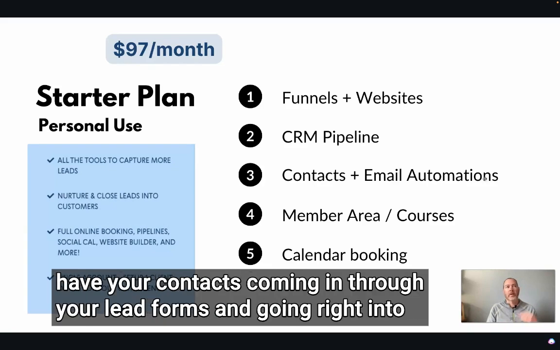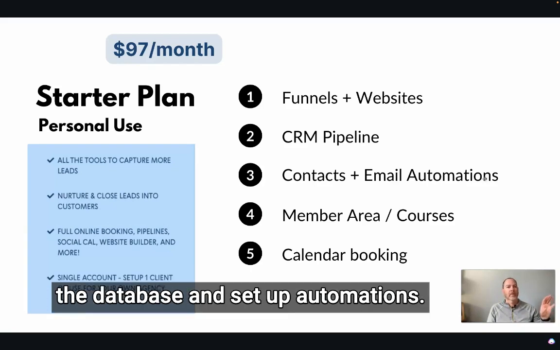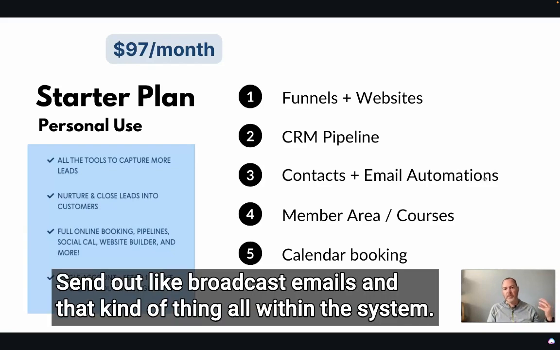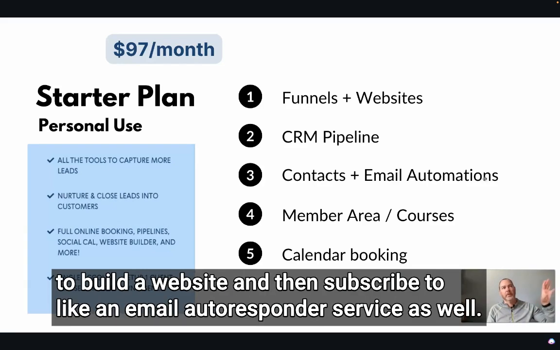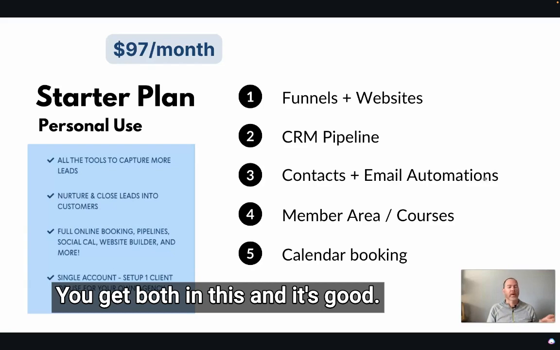So you can have your contacts coming in through your lead forms and going right into the database and set up automations, send out broadcast emails and that kind of thing, all within this system. So if you're using GoHighLevel, even the starter plan, you don't have to build a website and then subscribe to an email autoresponder service as well. You get both in this, and it's good.